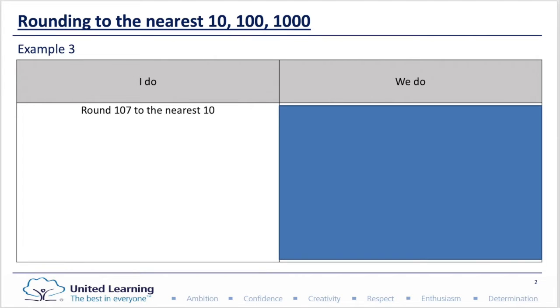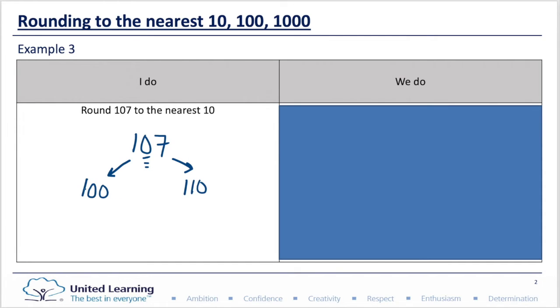All right, the first one I'm going to do. So I need to round 107 to the nearest 10. Don't forget in class, the first thing we did is we identified where the tens place was. So this is the tens place. It's currently a 0. Thinking back to what we learned in class, we need to think about, is this number closer to 100 or is it closer to 110?